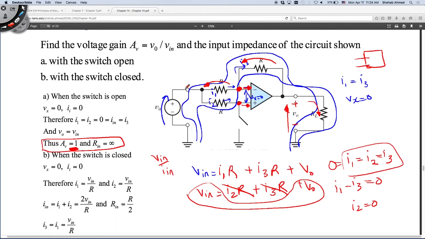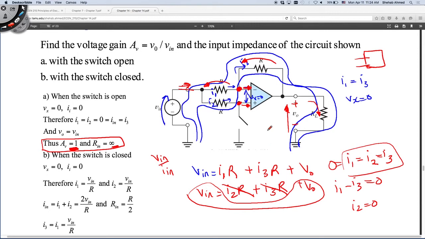We used to calculate the input current by taking the input voltage divided by the resistance here. But here it's an open circuit, so it's the voltage divided by a very large number. The current will be 0, and current being 0 means the input impedance is very large. That's why our input impedance is equal to infinity. Are we okay with the first case?